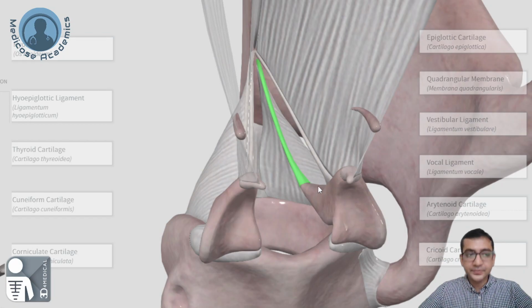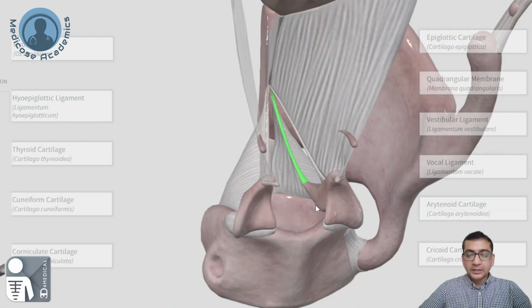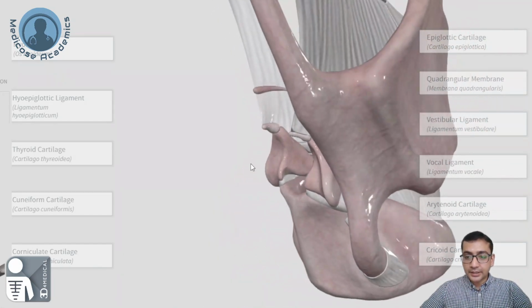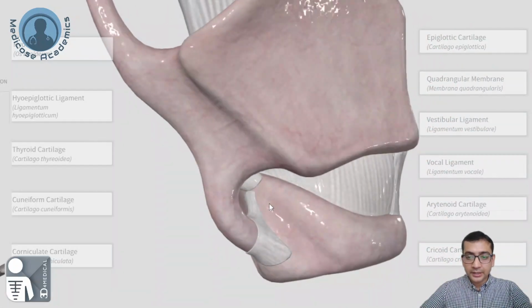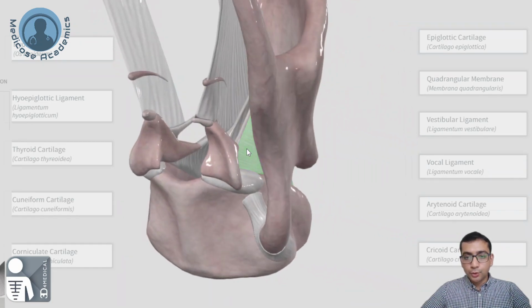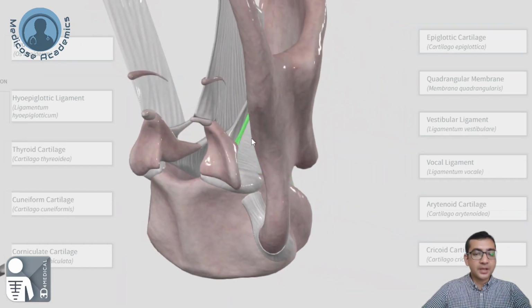This is the vocal ligament. So the part of the cricothyroid membrane that is lateral is actually running from the cricoid cartilage below to the vocal cords above.